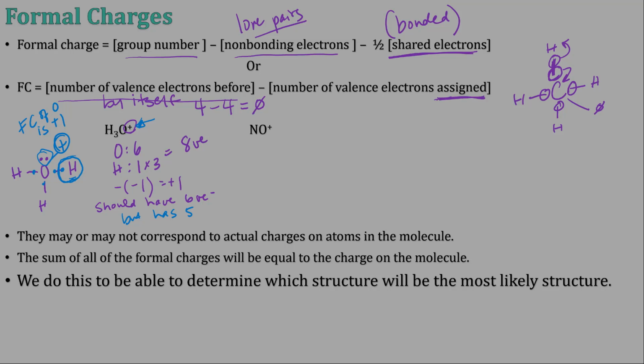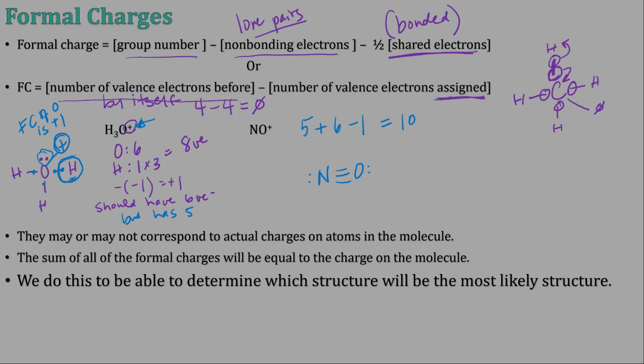All right, so let's look at nitrogen monoxide ion here. So nitrogen has 5, plus the oxygen has 6, and we're going to subtract 1 from the positive charge. So that would be 10. So we have nitrogen, oxygen, so there's 2, 4, 6, 8, 10. Now this nitrogen is obviously lacking, so I'm going to move those electrons over here and make a triple bond.